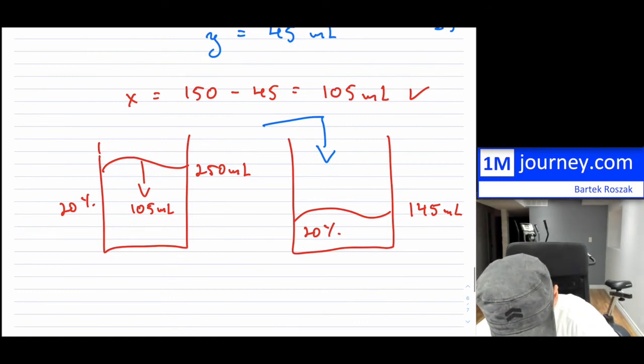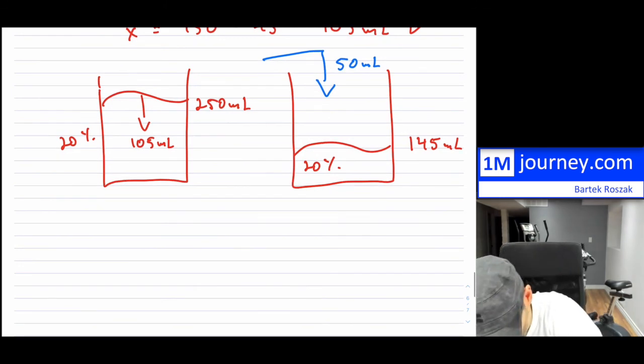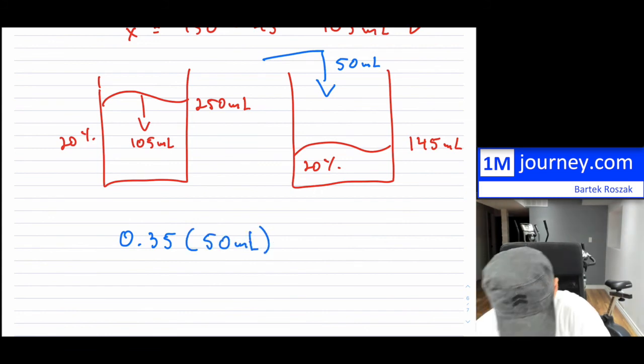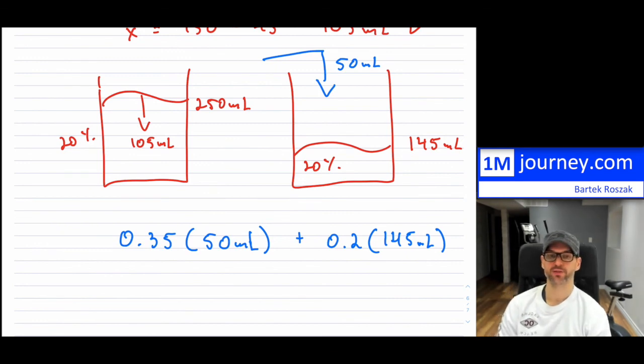So in that 50 milliliters, this is 0.35, and that is the 50 milliliter solution, plus we have now 0.2 times 145 milliliters. Okay, so that's what we have now mixed together.